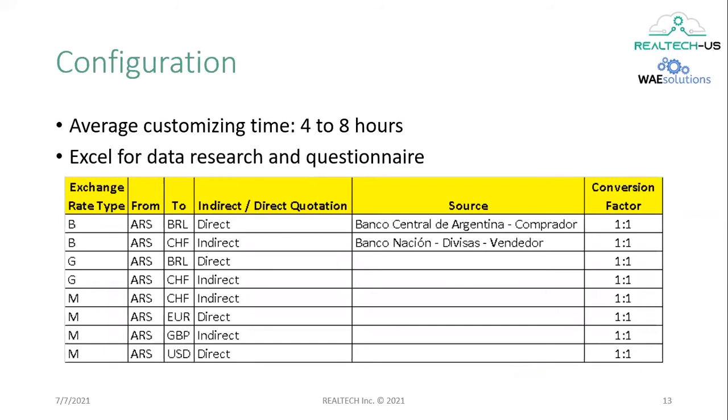So with this Excel file, we can do the customizing so that the solution works the same way it works when you complete the data manually every day in your SAP system.